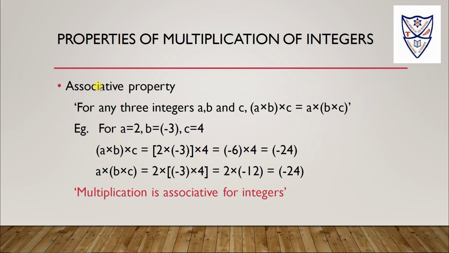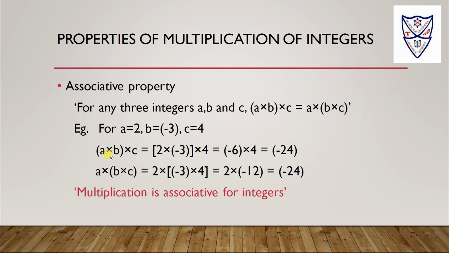Next property, associative property. For any three integers a, b and c, in the bracket a multiplied by b bracket close, multiplied by c is equal to a multiplied by, in the bracket, b multiplied by c bracket close. Let's take one example. A is equal to 2, b is equal to minus 3 and c is equal to 4. First we will find this side.